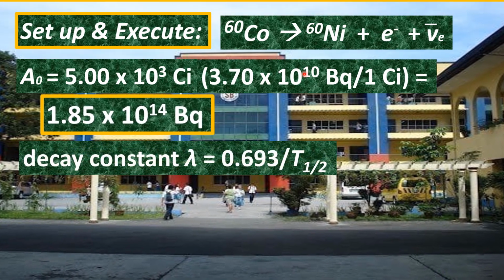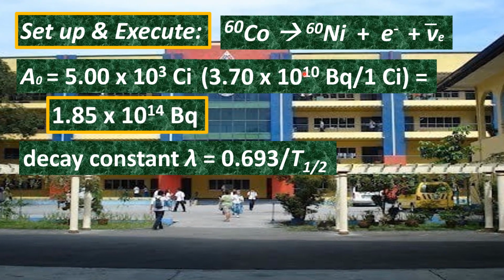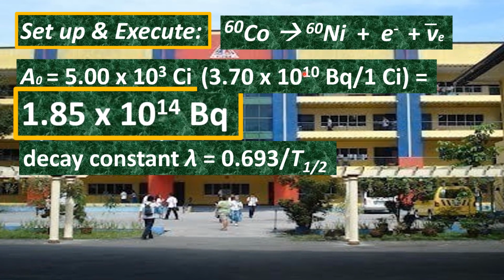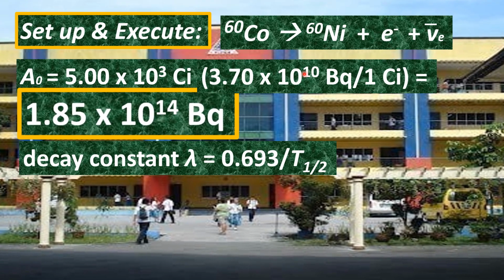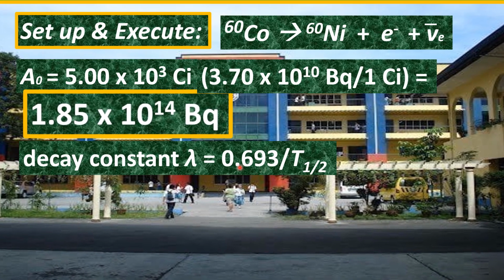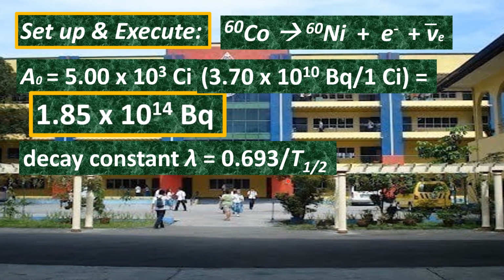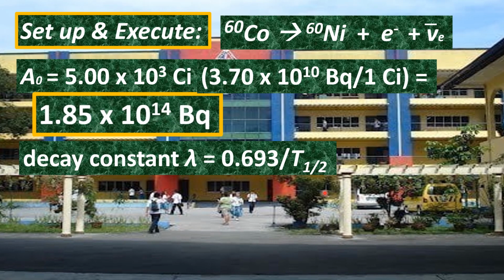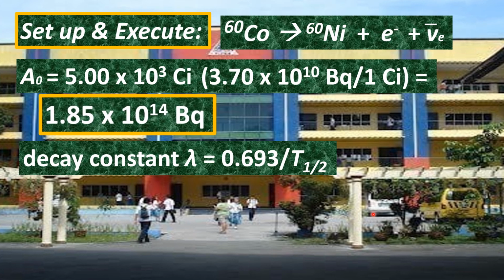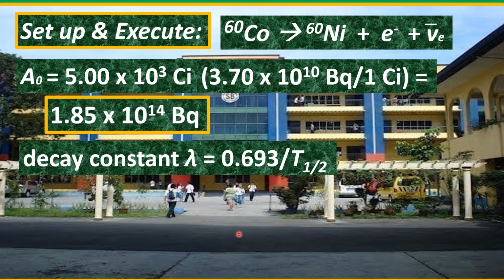We need also to find the decay constant denoted by lambda, which is simply equal to the natural log of 2, that is 0.693, divided by the half-life, which is earlier determined or given in terms of seconds.